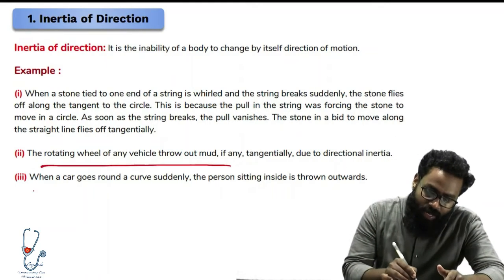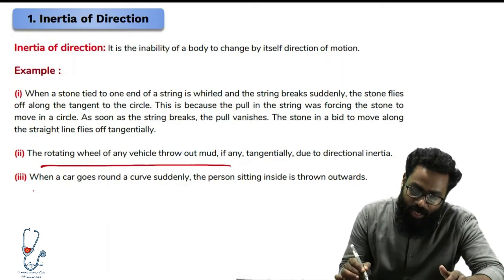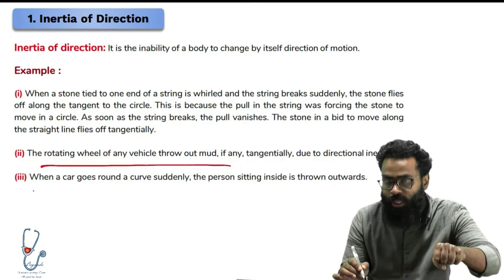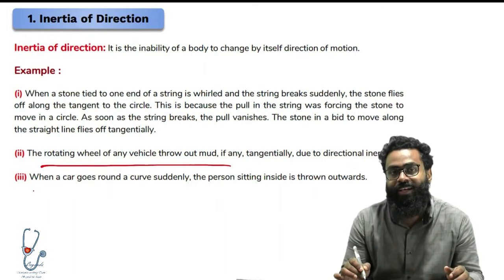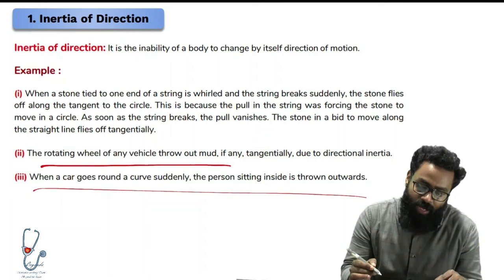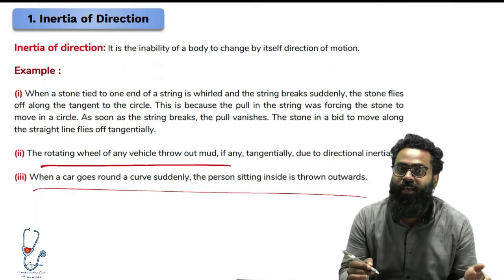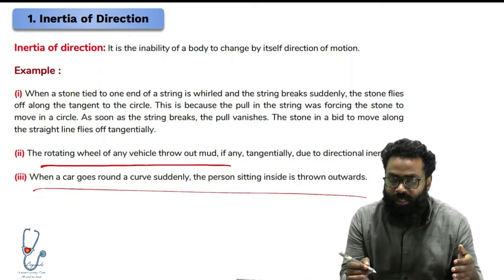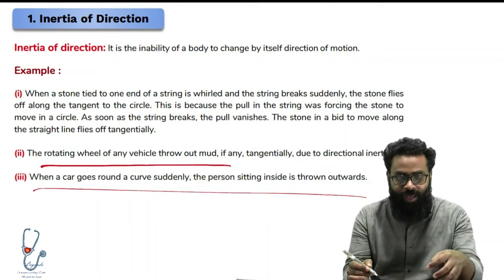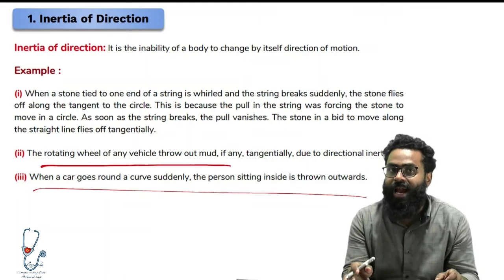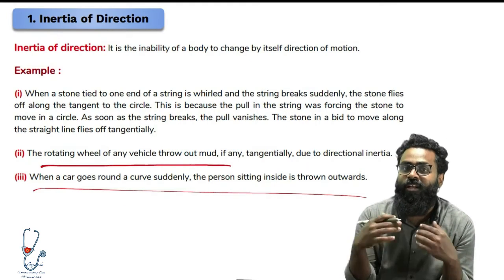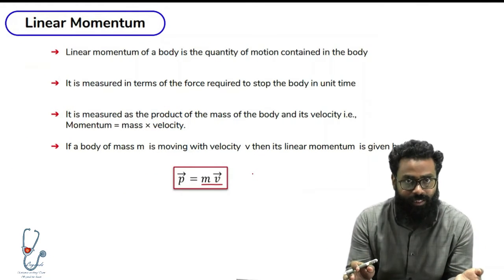Next, a rotating wheel of a vehicle throws off mud tangentially due to inertia of direction. Clear? The next example is when a car goes around a curve suddenly and the person sitting inside is thrown outwards. These are three examples of inertia of direction, meaning the inability to change its direction by itself. Clear?